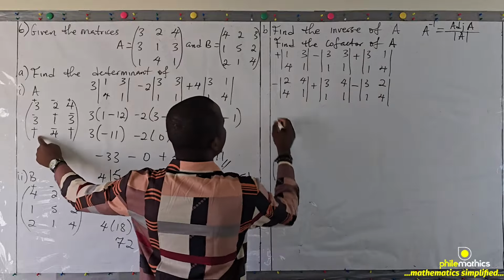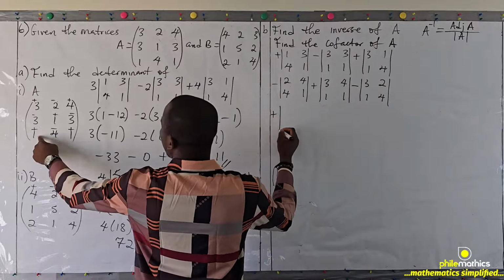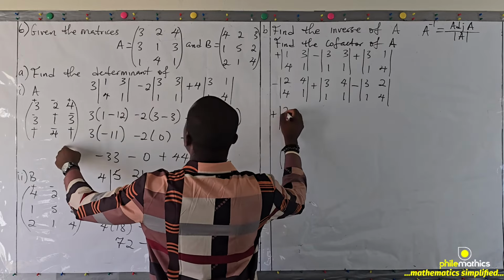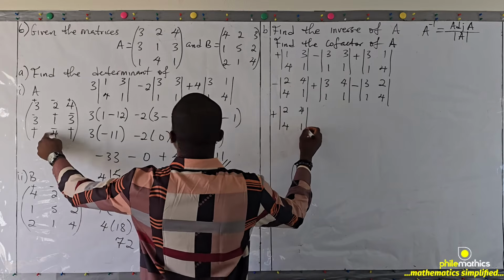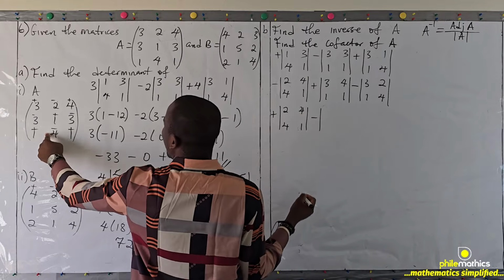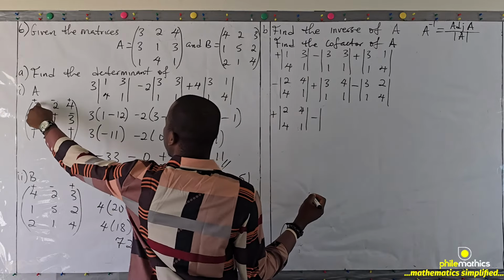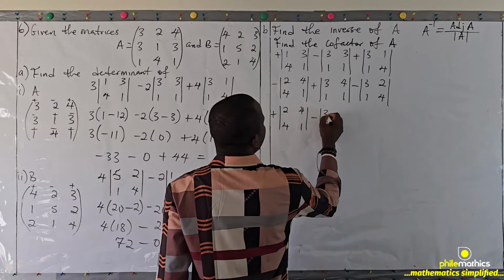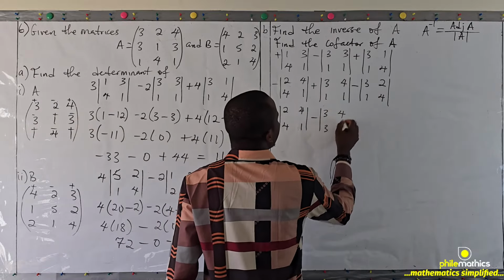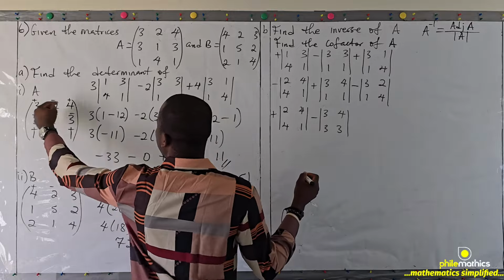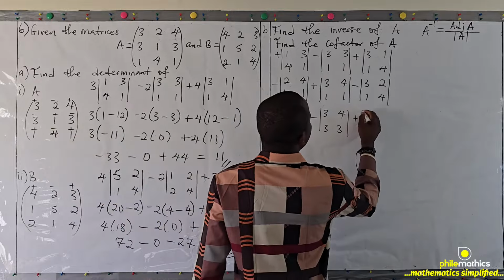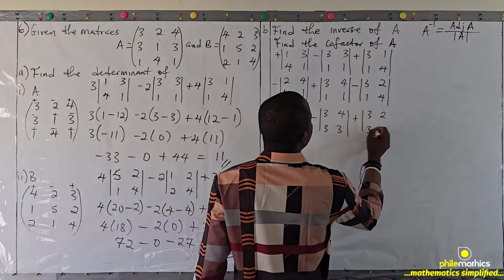Next is this, plus, we block this and this, 2441. Next is this, minus, we block this and this, 3433. Next is this, we block this and this, 3231, plus 3231.